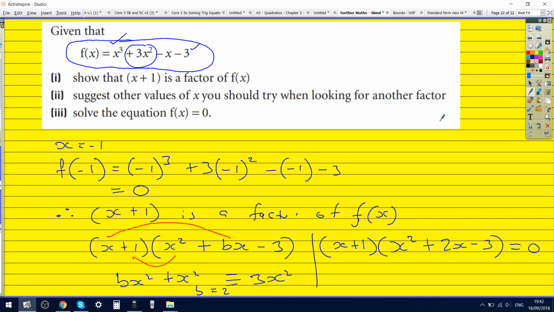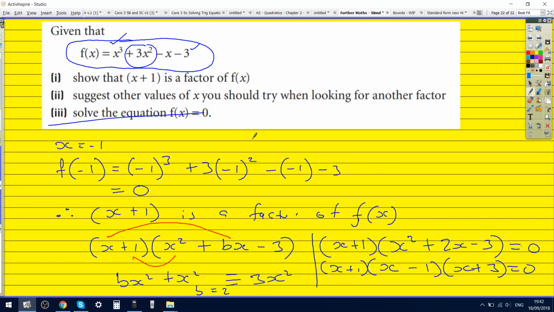So b is 2 here. So x squared plus 2x minus 3 is 0. It would be x minus 1, x plus 3.